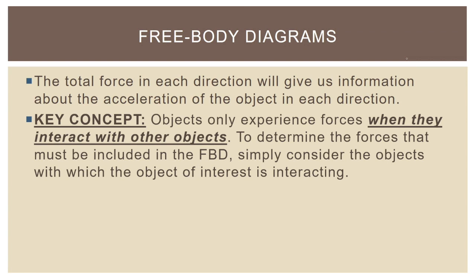So that's one interaction, one force. And then the object is also interacting with the Earth. Second object, second force. That's the idea. So objects only experience forces when they interact with other objects. So you want to figure out how many forces you're supposed to put. The main thing you should focus on is just looking at how many objects the thing is interacting with.